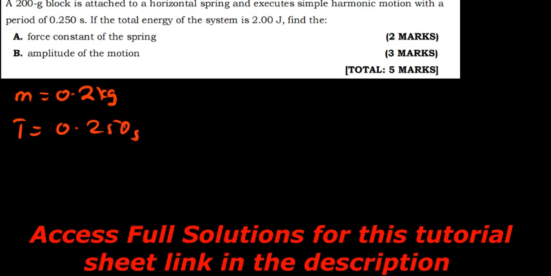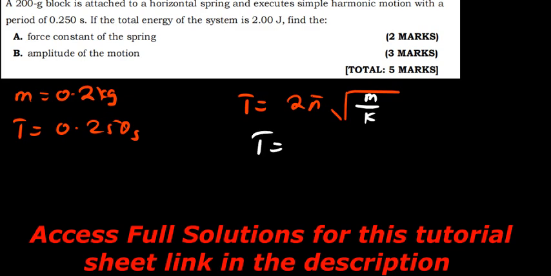Now, the moment we have been given the mass and the period, and our goal is to find the k, remember, there are those formulas which I want you guys to remember. The period is given by 2 pi times the square root of mass divided by k.